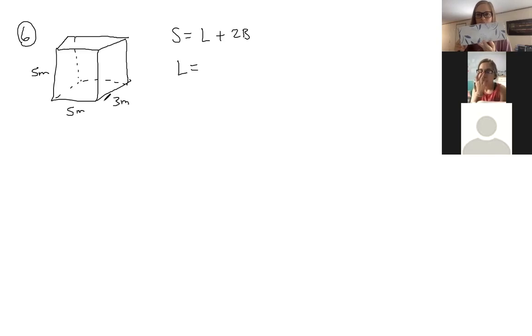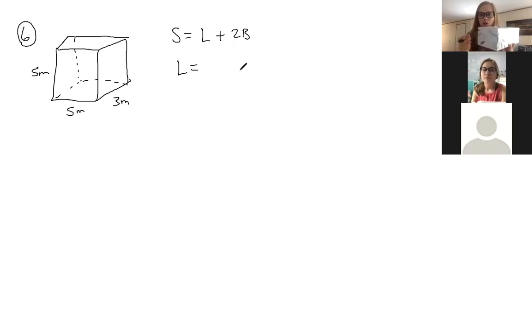What is represented as L? Well, L is going to be the lateral faces, which are the 4 faces on the side. The bases are the top and the bottom here.